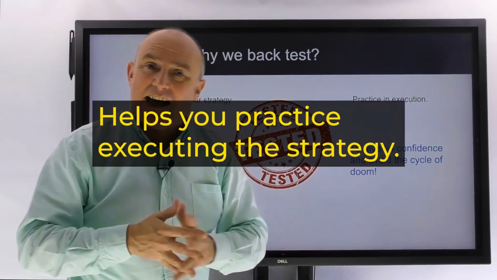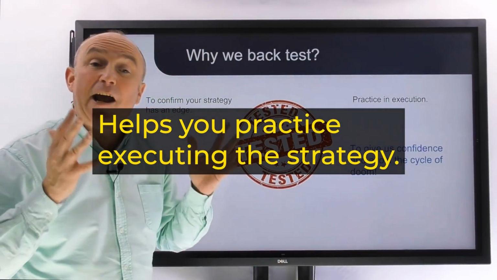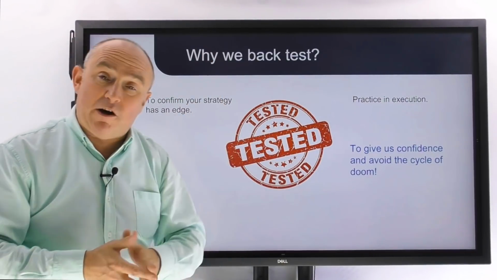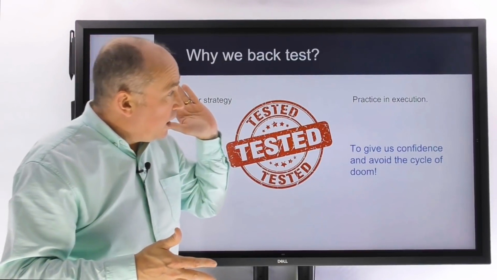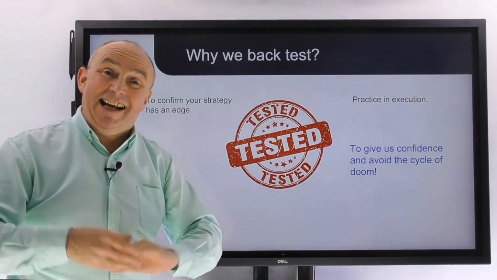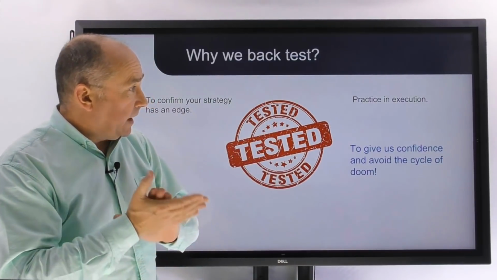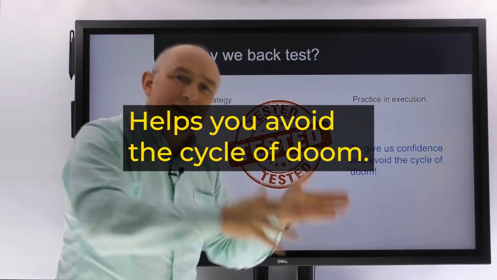But also the practice in execution as well. Some strategies you'll be looking for certain things to happen, and this is going to help you spot these criteria that you've already laid out in your strategy rules and in your checklist. So making sure that you are proficient in actually executing the strategy. So that's a really good reason why we backtest as well, and it gives us the confidence to avoid the cycle of doom.